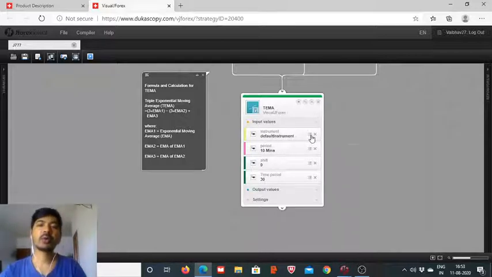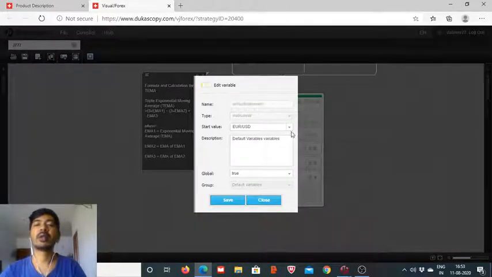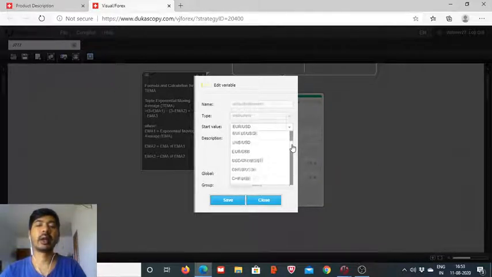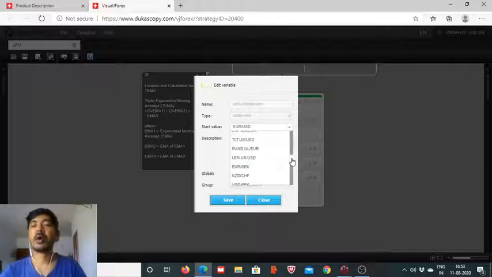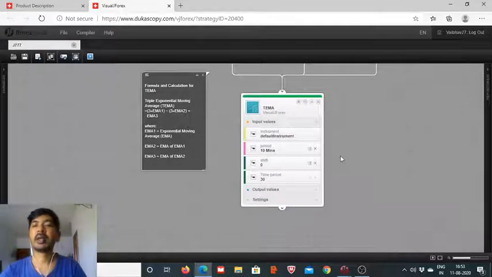But if you want to choose a different instrument, then you have to go down this drop-down list and choose the instrument which you want to use for trading purposes, on which you want to develop your automated trading setup. Here we will not make any change in today's session.